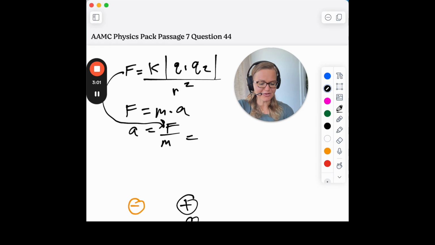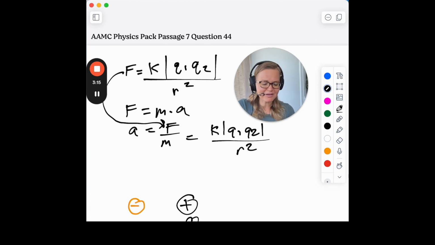So let's go ahead and do that. So that would give us that the acceleration between two charged particles would be equal to K times Q1, Q2, divided by r squared, all divided by mass. And remember, when we divide by something, it's the same as multiplying by its inverse. So I'm just going to go ahead and skip that step and multiply by its inverse here, 1 over m.